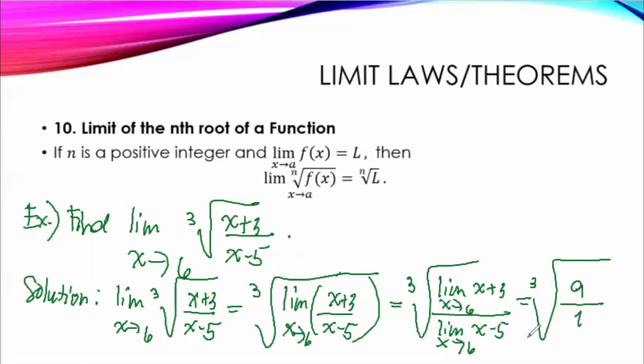So we just simply substitute. Applying the property of the nth root, we have the cube root of 9 over the cube root of 1. Now, the cube root of 1 is 1, so we have the cube root of 9.